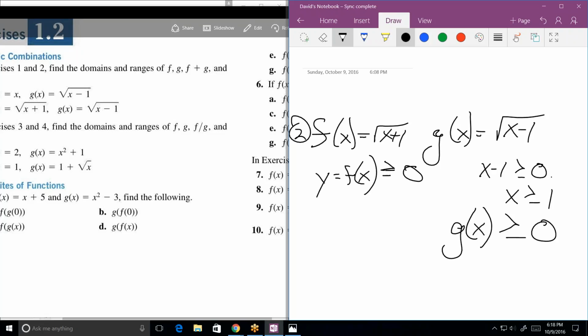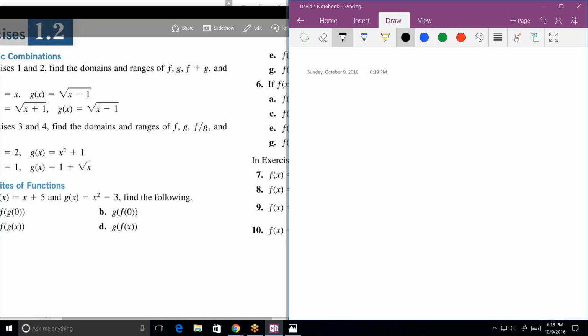So there is a way to make it 0, but there's no way to make it negative. Radicals of whatever are always positive. Or 0.